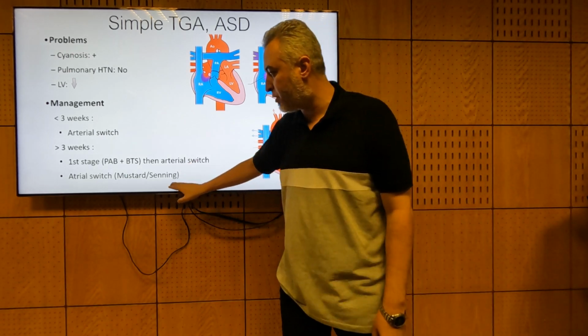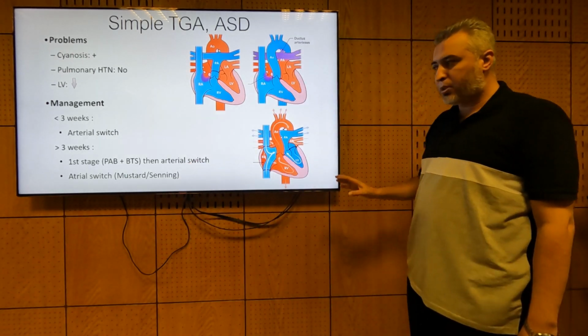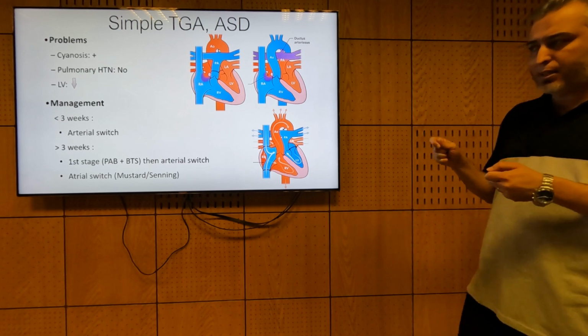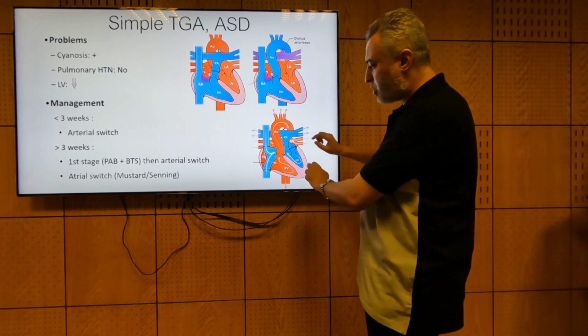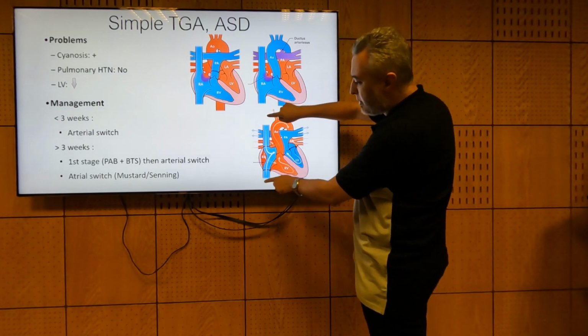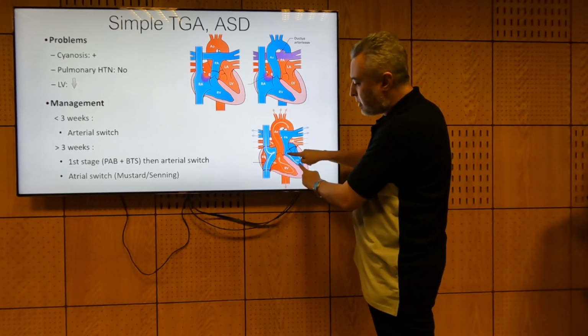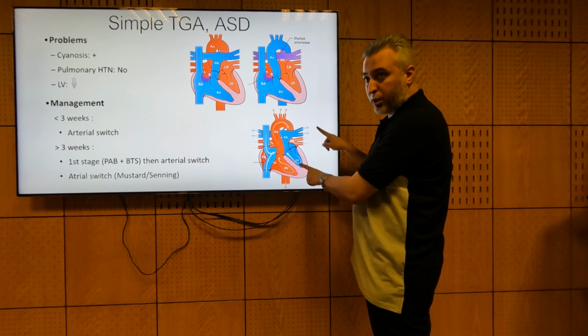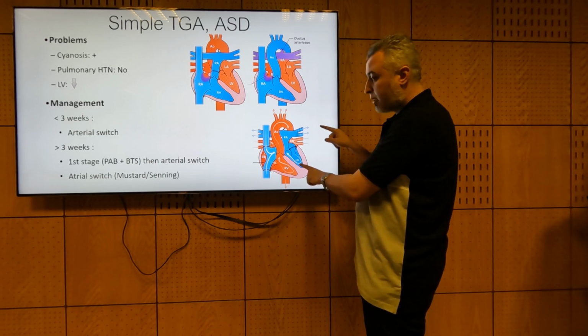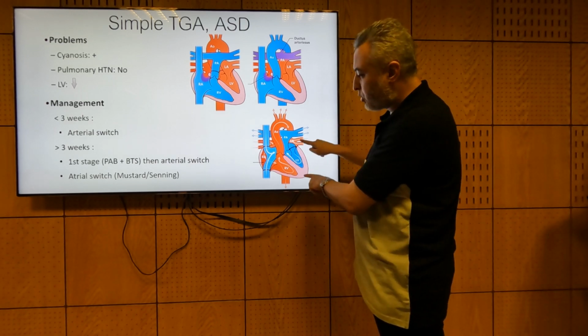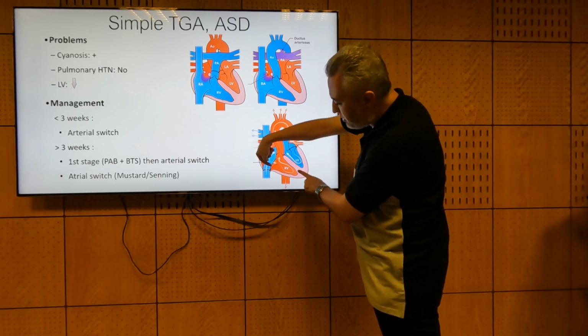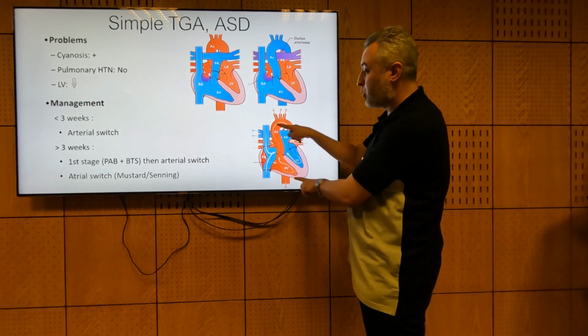The Senning was discovered first, then the Mustard. Two different techniques to reach the same configuration, where the systemic venous blood is baffled into the left ventricle, which pumps deoxygenated blood into the pulmonary circulation, getting back oxygenated blood from the pulmonary veins that will wrap around and go into the right ventricle to get pumped into the aorta.